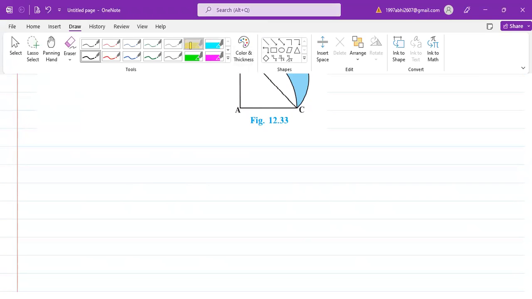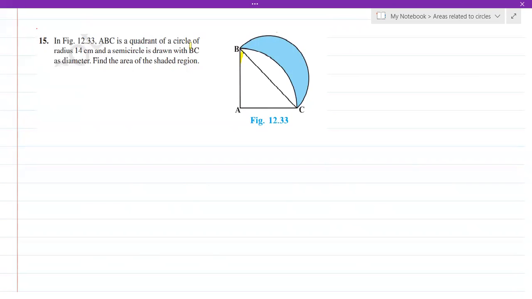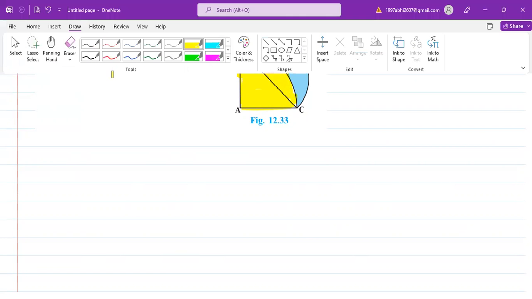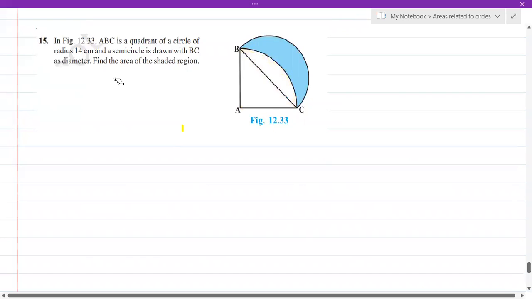Now if you observe carefully, this quadrant, what I've shaded in yellow color is the area of the quadrant. Now in this area of the quadrant, let's say I'm subtracting the triangle.